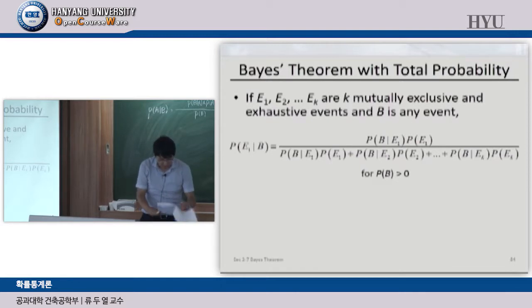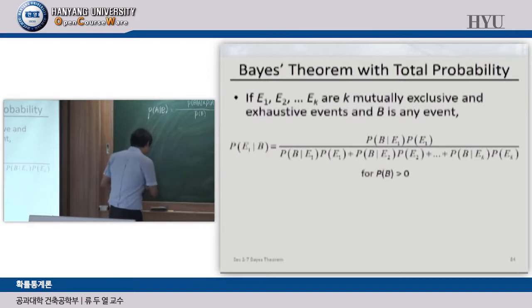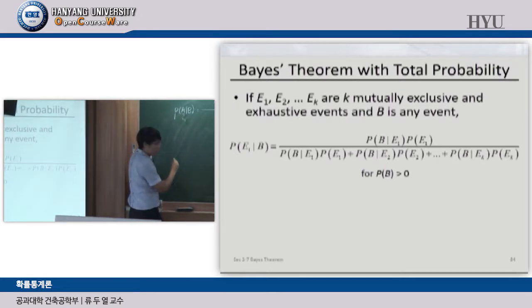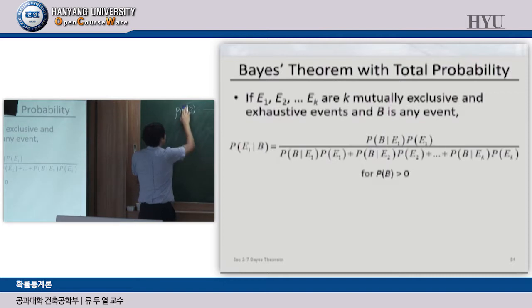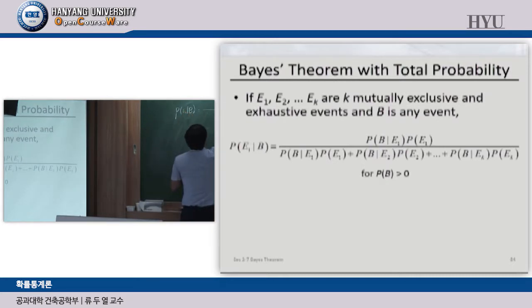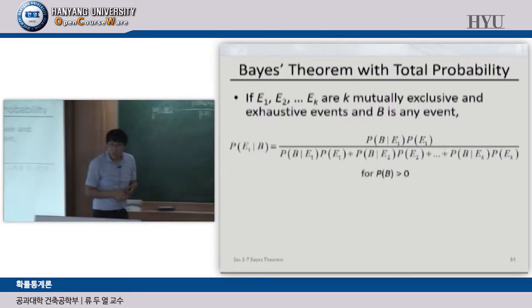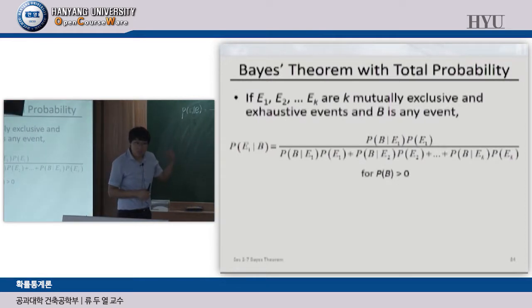And in this case, what is the difference between this equation and this equation? If we change A here to E1, this will be E1, right?